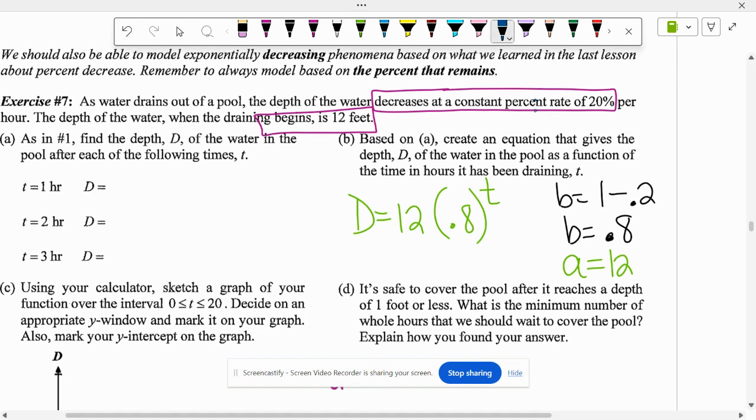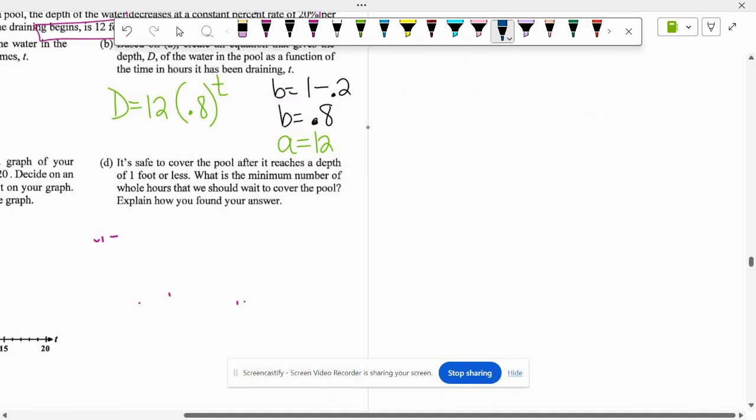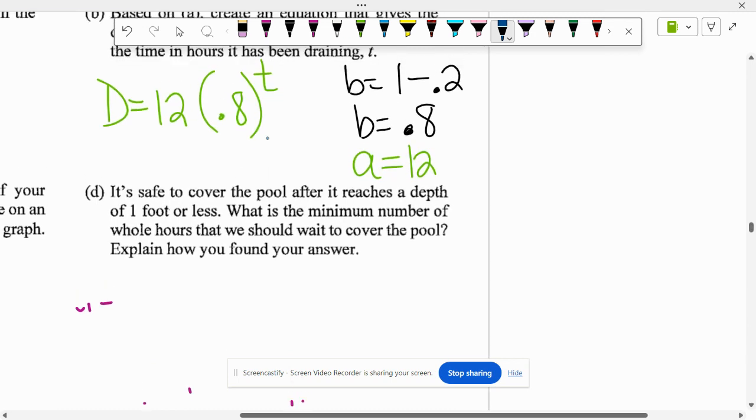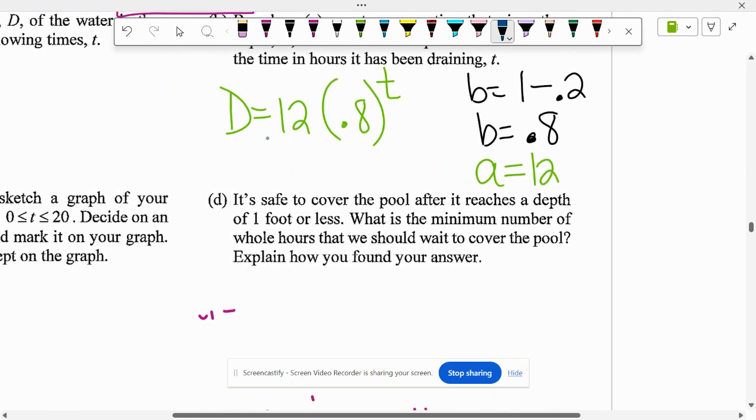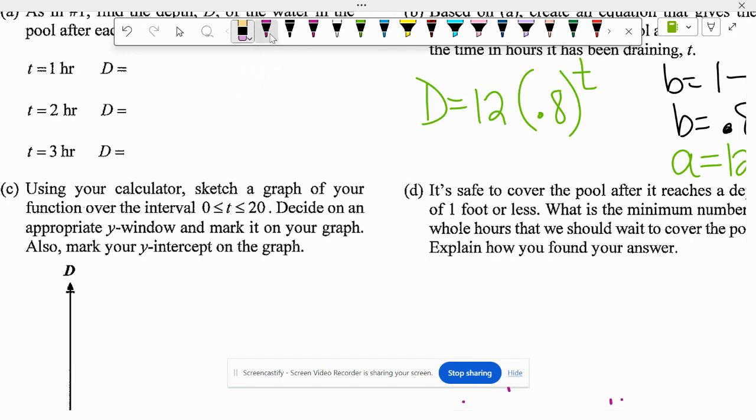Okay. So you guys are going to use that equation and put it into your calculator under your Y equals. We want to get some points. So Y equals 12 times 0.8 to the power of T. For the power of T, just use X. Yep. Good question.